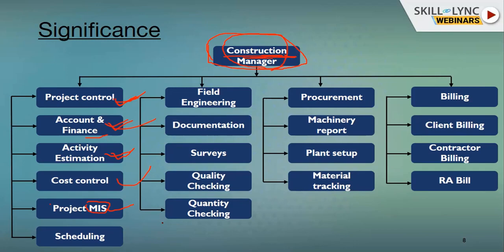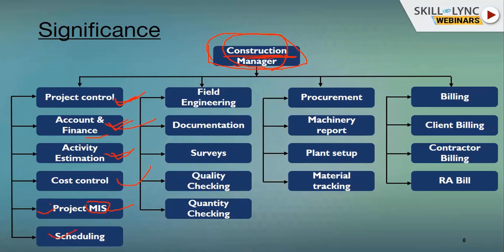We need a proper report, proper system or proper format that should be presented to the management. So we will see how to prepare the MIS, how in construction industries, from a practical aspect, it is prepared and submitted to the management in order to monitor the construction activity, and how we should schedule.